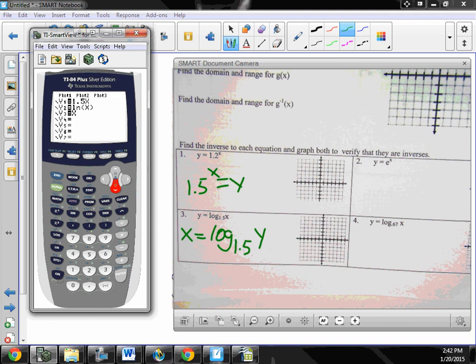And then on this one, I don't have log base 1.5, so ln x divided by the ln of 1.5. I messed up something. Raised to the x. Those almost intersect, but not quite.